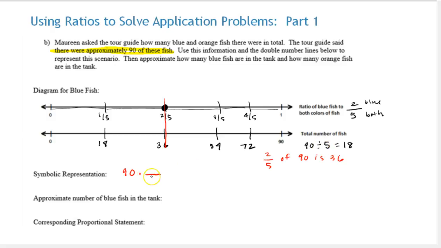Cut it into 5 equal pieces, so the cutting goes in the denominator. And then we took 2 copies to get 2/5 of the fish, which are blue. Okay, so notice, I'm going to write some units here. We had 90, oh, we used both, not total.